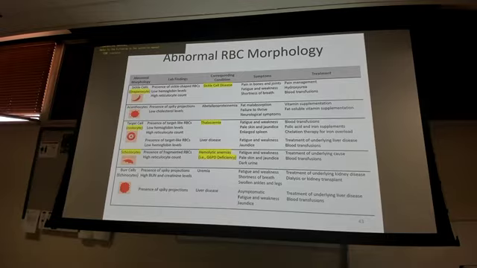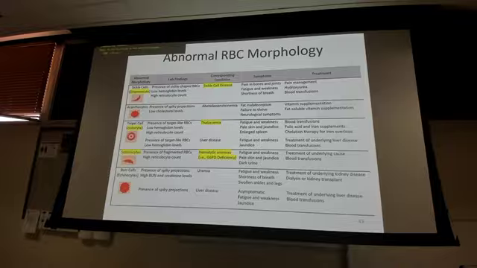That's usually seen in people with low cholesterol levels; they may have some issues with absorbing fat. Target cells are important, so please highlight target cells, or codocytes. They look exactly like the Target emblem, and that is found in thalassemia.